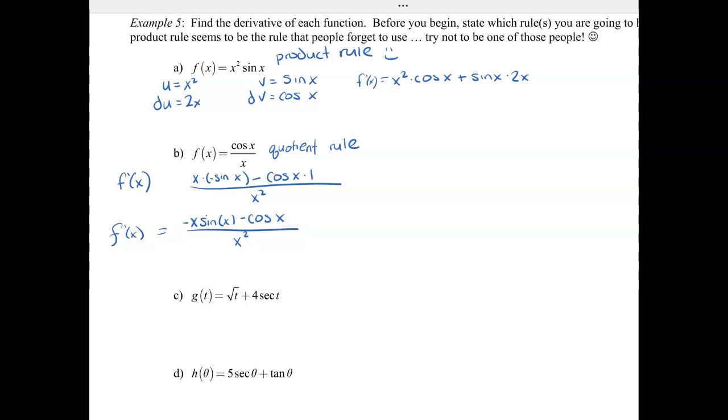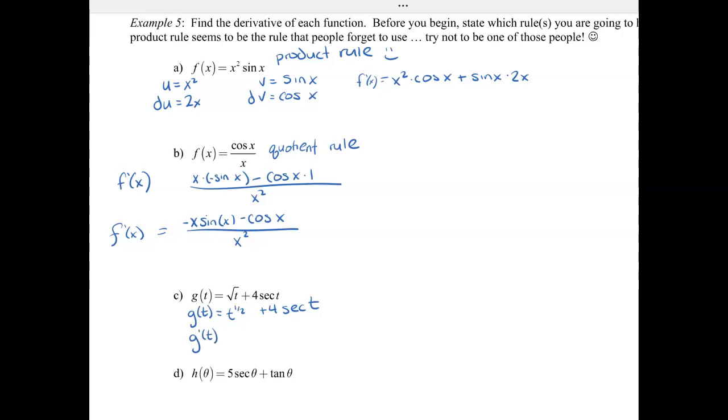Alright, the next one I've got is g of t, so I'm going to rewrite g of t first because I see that I've got square roots involved and I really don't like square roots. If you do, more power to you. Full pun intended. Sorry, still a pun person. So then I'm going to take g prime of t.